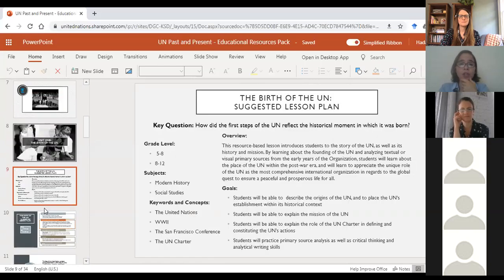So for the birth of the UN, we're not going to go too deeply into that. You're going to get all that. I just wanted to show you what we prepared for you. So the birth of the UN is meant to be a historical, primary resource-based lesson where students will be engaged with the ideas, the basic vision of the UN and the charter itself.